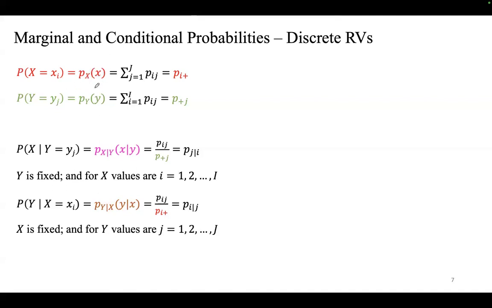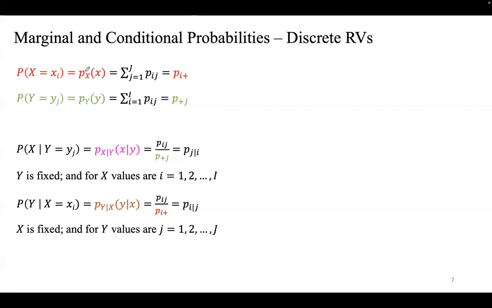The subscript x here indicates that this is the marginal probability in terms of x. You can have a certain value of x if you want, but you're not interested in any value of y. So what is happening? You are summing over all values of y.